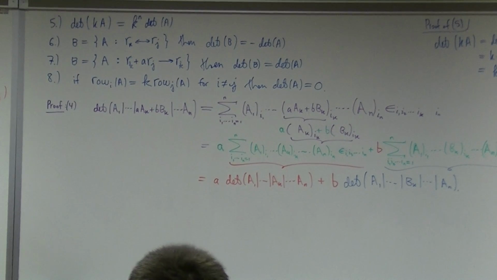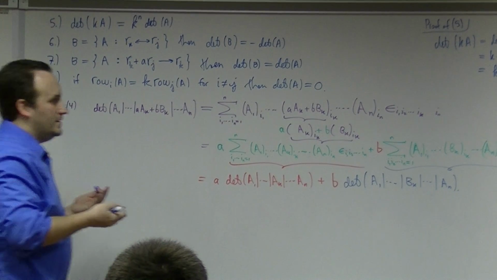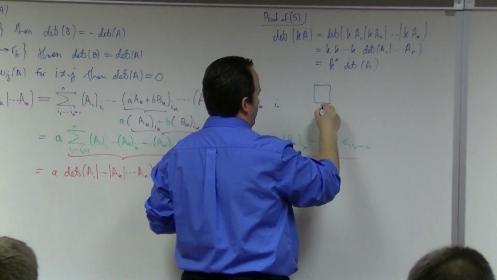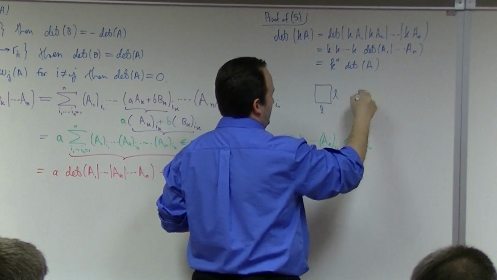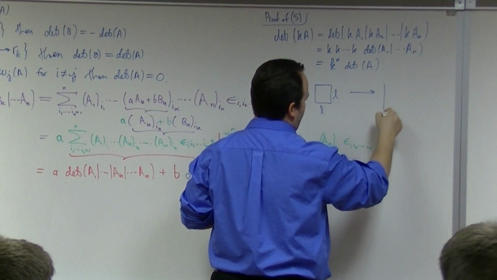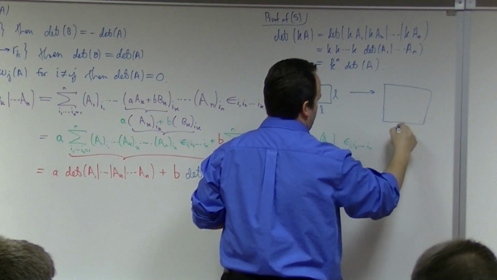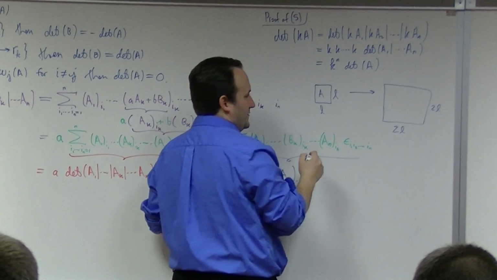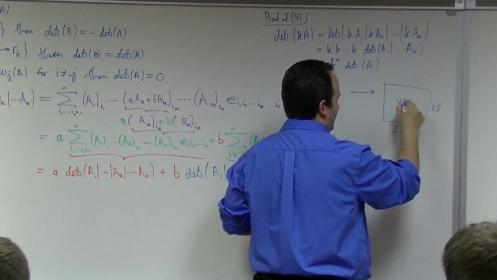Here's a fun thing. Suppose you take a square with side length L, and then you expand each side length by 2. You know that the area of the original square becomes 4 times as large.